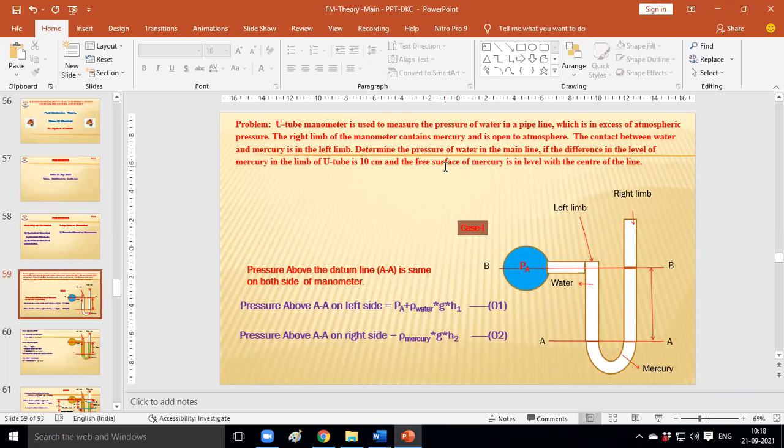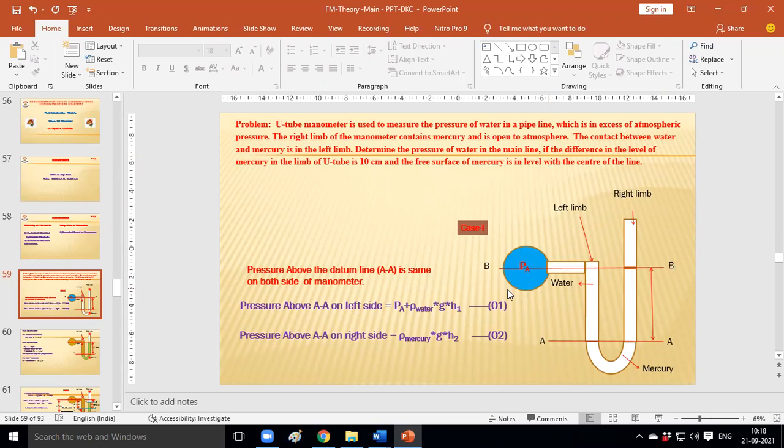Okay, the free surface of mercury is in level with the center of pipeline. Means at which location you need to show the mercury surface in the right limb? We mark the center horizontal line AA dash and BB dash. Up to which location we need to show the mercury in the right limb? See here, the free surface of mercury is in level with the center of pipeline.